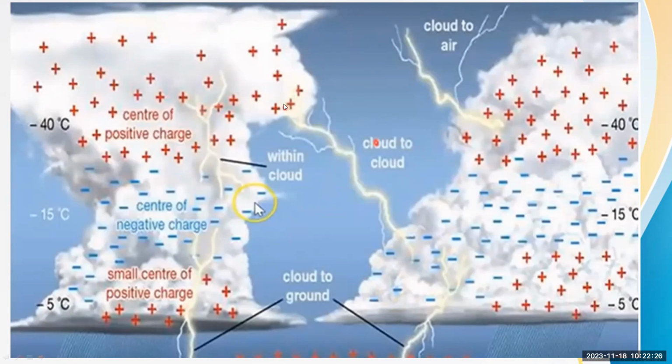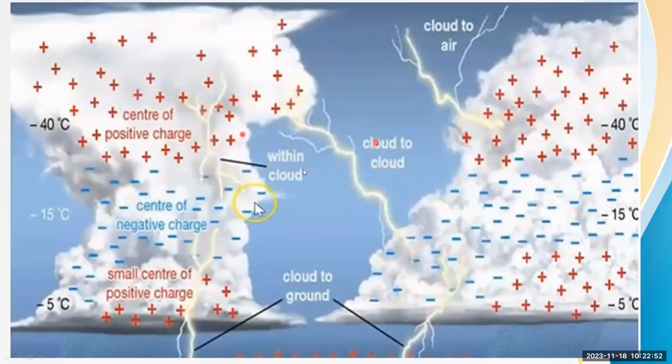Peak discharge takes place between cloud and cloud, and charge also discharges into the ground in this way, cloud to ground. Okay, cloud to ground. Charge accumulated in the cloud discharges into the neighboring cloud and also to the ground.